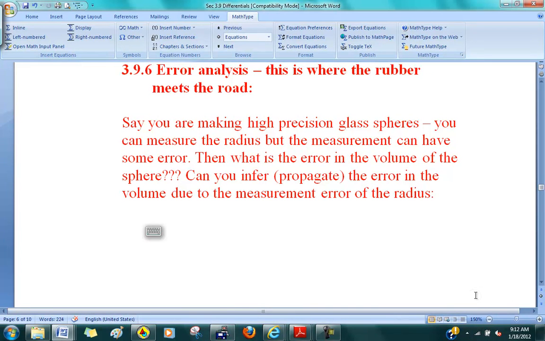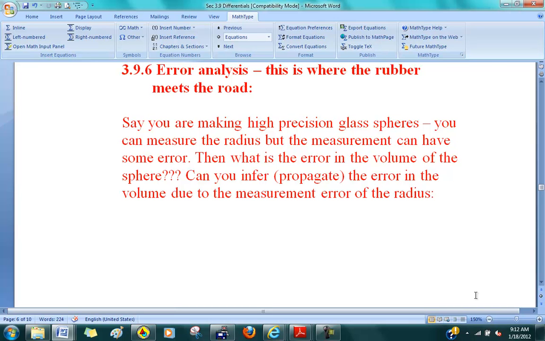So what this problem is trying to do is estimate the error in something, like in this particular example, the error in the volume of a sphere. When you're making a sphere, you know that you're not going to get a perfect sphere, at least in the sense that the radius will not be exactly what you want.